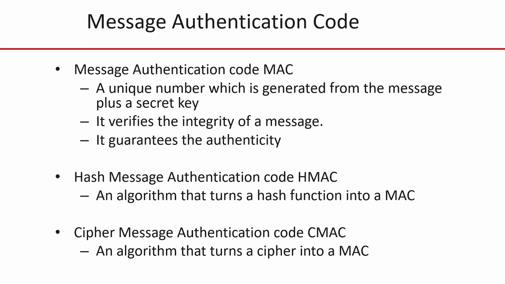If that's correct, they know that the integrity of the data is okay, and that whoever sent the message had the MAC password. So it's also a form of authentication. Typically, when we're streaming data, we'll encrypt the data, but we'll also have a MAC at the end of the data so that we can prove both the origin and the integrity of the data.